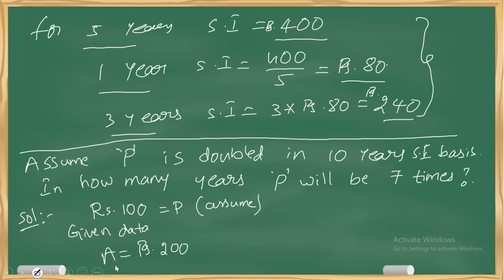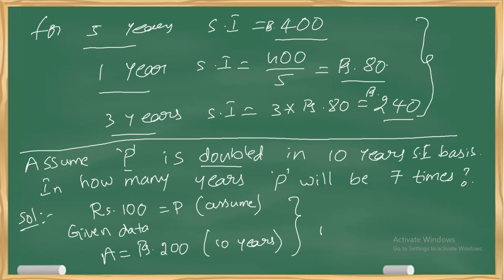What is the meaning of amount? Finally you have to repay after how many years? After 10 years you are paying back double the principal amount you have taken. Okay, that means 200 rupees I am repaying to the bank after 10 years, where I have taken 100 rupees.